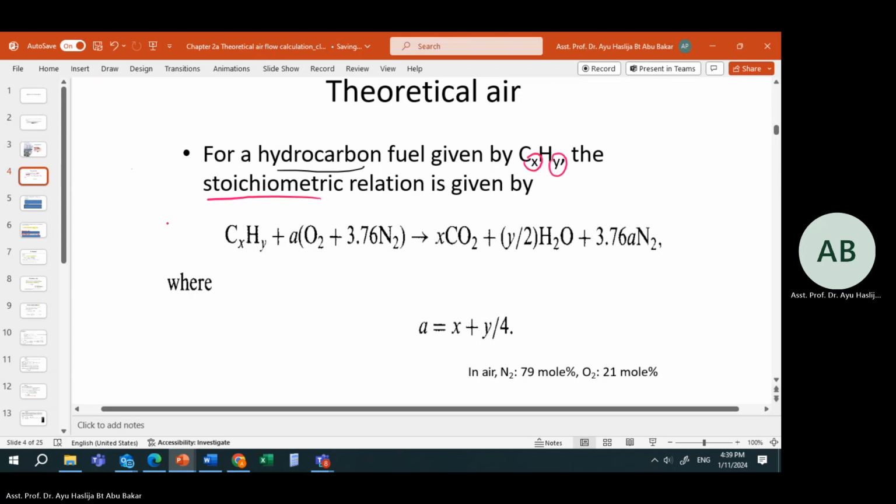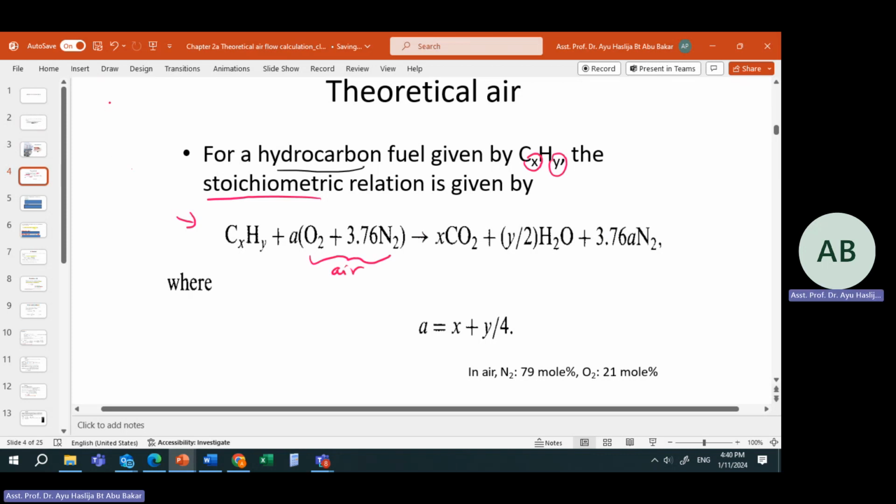Sometimes when I say combustion equation at stoic means at theoretical air. So this is the general combustion equation. CxHy, the fuel. This one is the air.